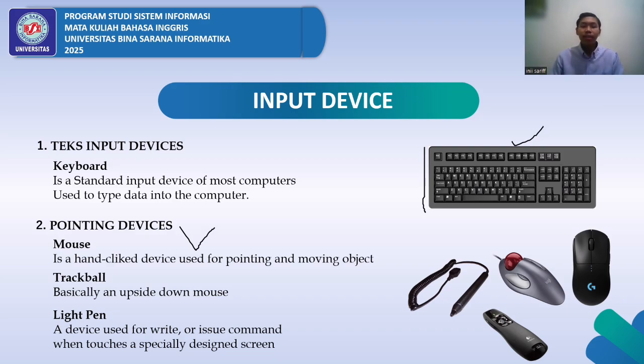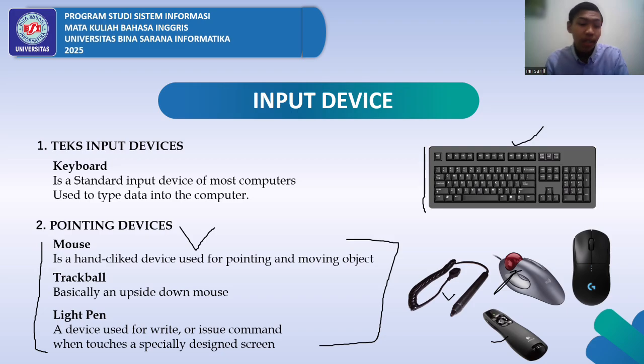Pointing devices include the mouse, trackball, presentation pointer, and pen. Their function is as click devices used for pointing and moving objects. A trackball is basically an upside-down mouse, and a pen is for writing on the screen.